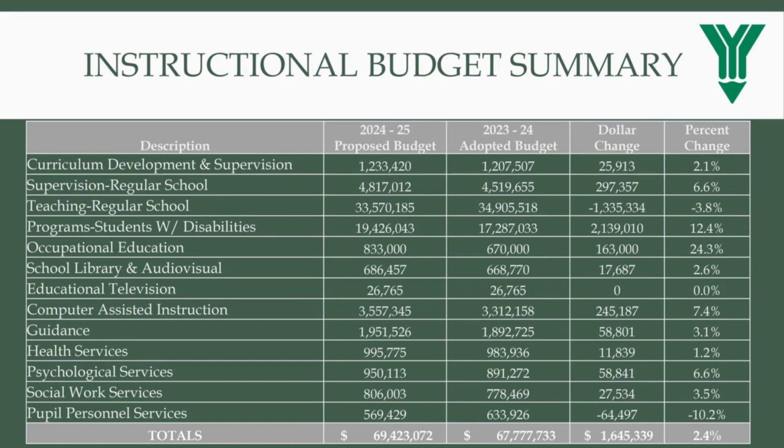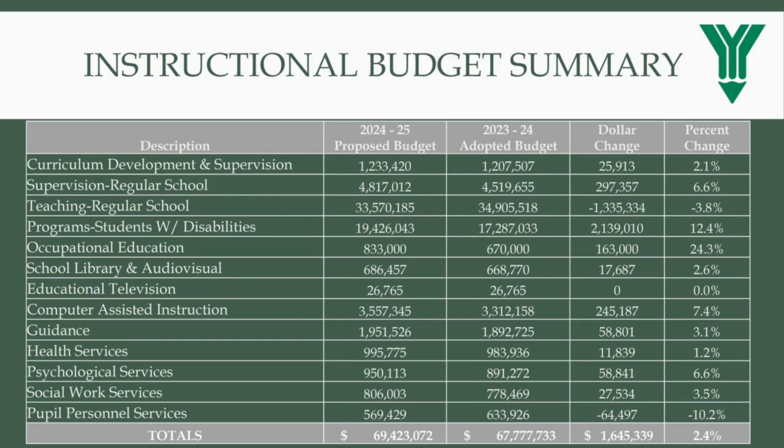If you look at the teaching regular school line and the programs for students with disabilities line, you can see that it looks like some money has shifted from one line to the other. That is actually due to some reclassifications that we made this year of some teachers, CTAs, and TAs from the general education budget codes to special education budget codes.